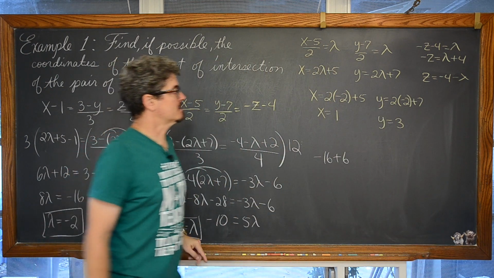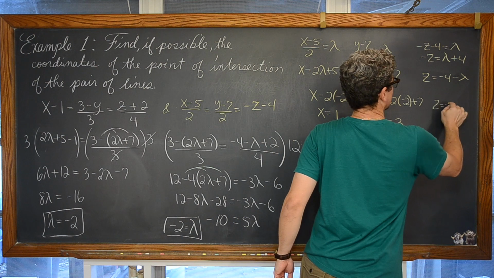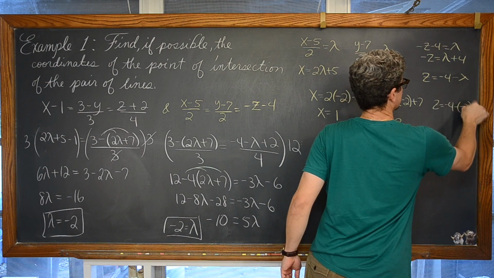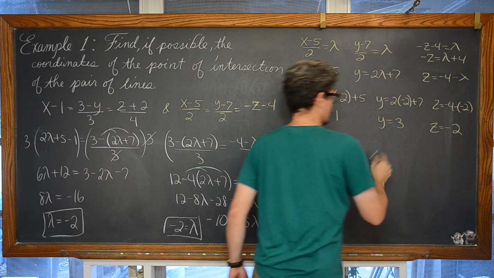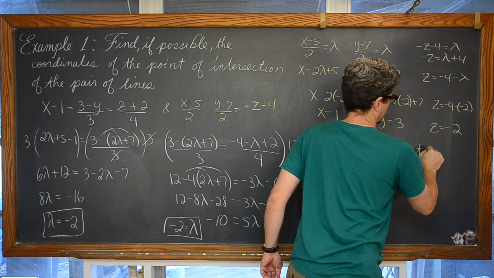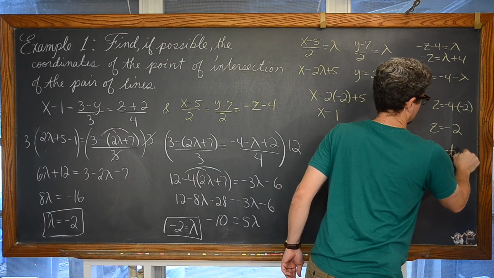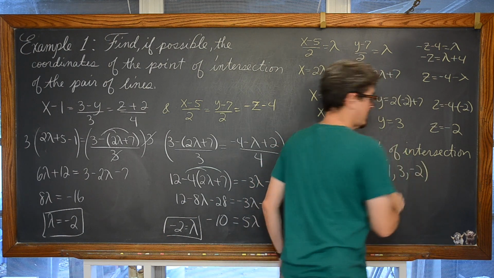And finally, we've got z is equal to negative 4 minus negative 2. Z is equal to negative 4 plus 2, which is negative 2. The point of intersection is 1, 3, negative 2.